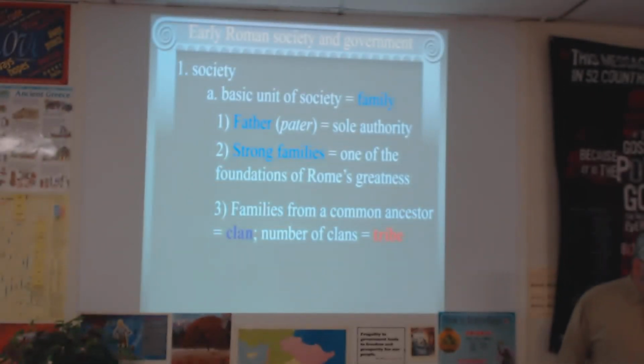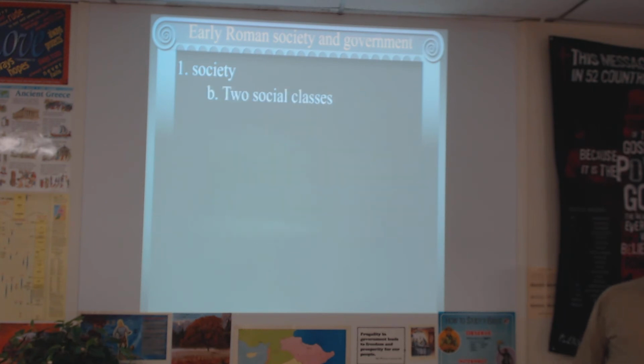Now, it's important to understand the relationship between families and larger units. Families that are from a common ancestor are called a clan. A number of clans joined together would be called a tribe. There are two social classes, essentially. One is the patricians, who are the wealthy, the aristocrats, the landowners.